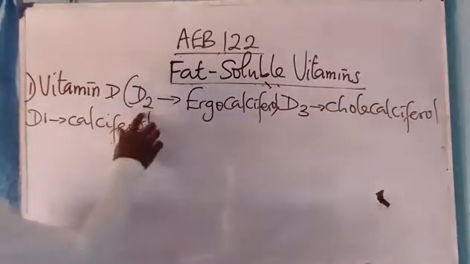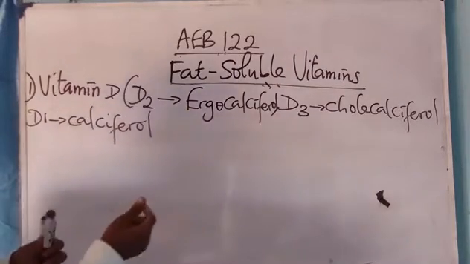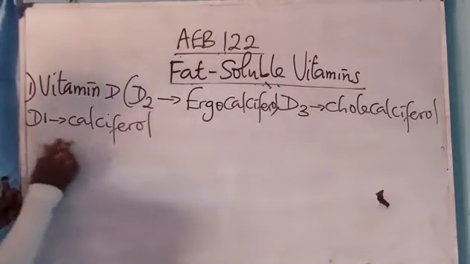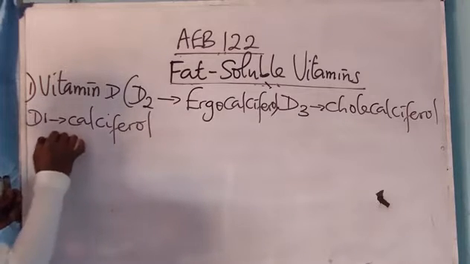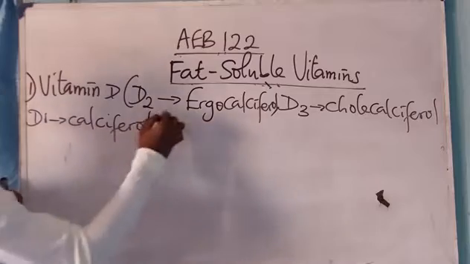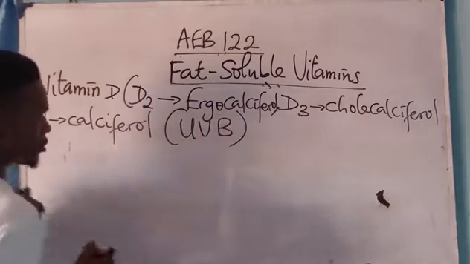Now, D2 and D3 are synthesized in the skin when exposed to excess ultraviolet B radiation.